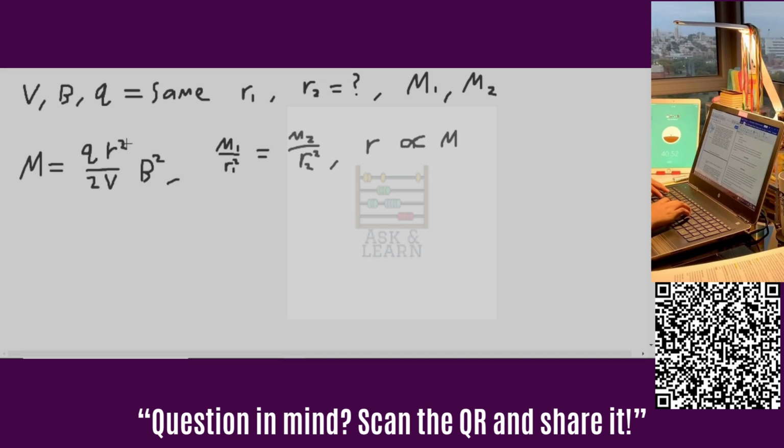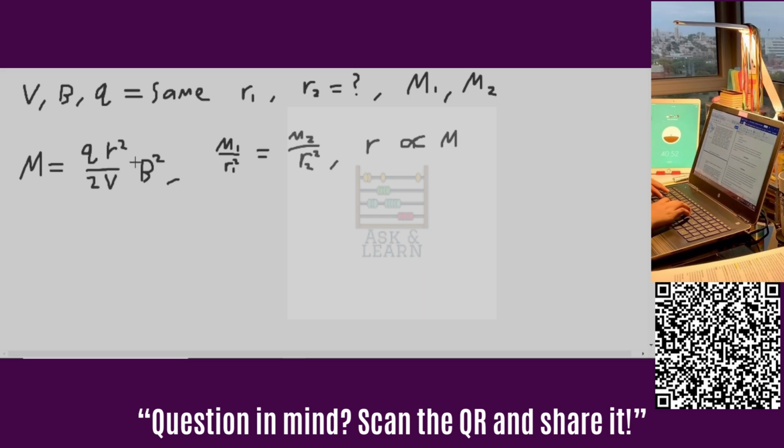You can see that if you just divide by R, you'll get M over R over here, which is actually what we want to do, because if all this is constant, we can get everything that we need on one side and everything that's constant on the other side. The only reason we can't do that with the M is because they have different masses for particle 1 and particle 2. Everything else is the same between both particles.